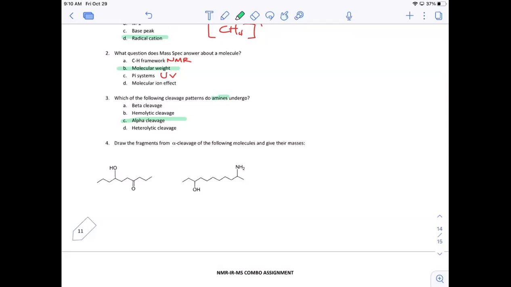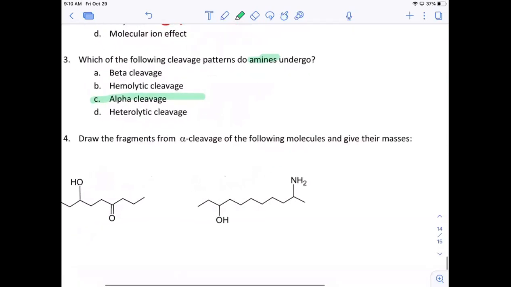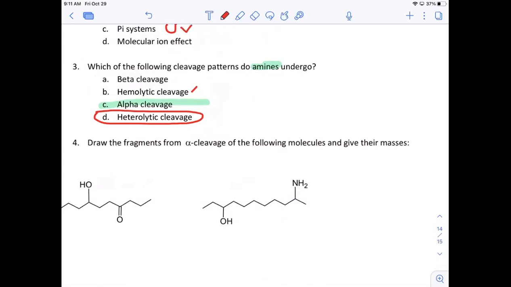And this one here that's thrown in says heterolytic, because you can break a bond heterolytically, but the specific type of cleavage that we talked about is alpha cleavage. So this is a throwaway answer, and so is that.